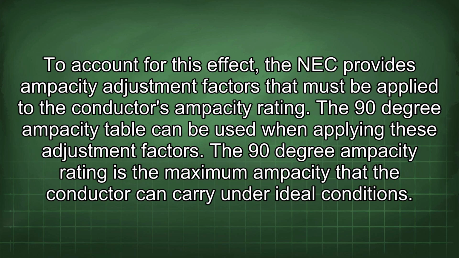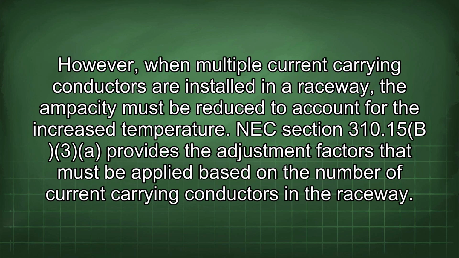The 90-degree ampacity rating is the maximum ampacity that the conductor can carry under ideal conditions. However, when multiple current-carrying conductors are installed in a raceway, the ampacity must be reduced to account for the increased temperature. NEC Section 310.15b3 provides the adjustment factors that must be applied based on the number of current-carrying conductors in the raceway.